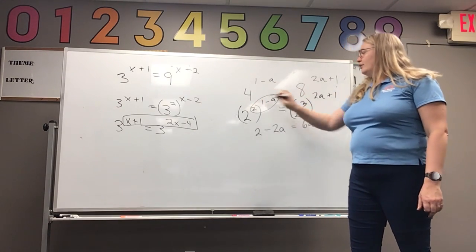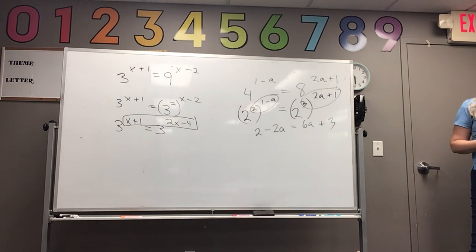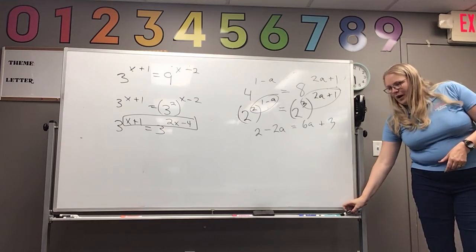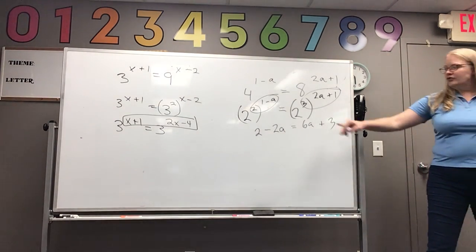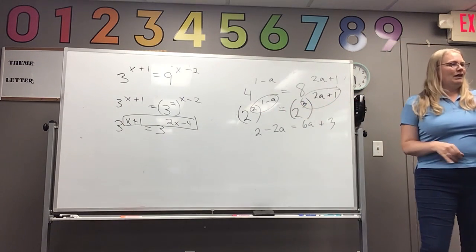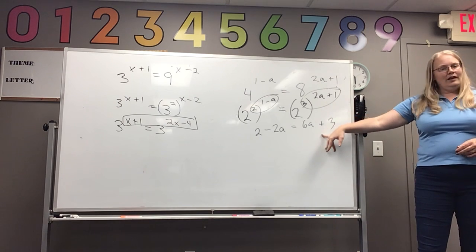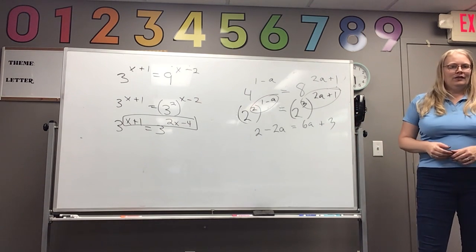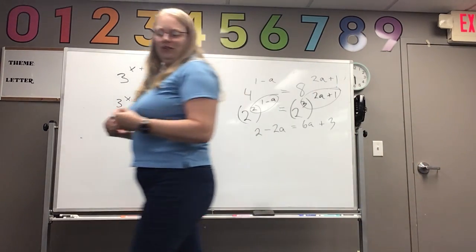Because we're just comparing those exponents there. And so when they're asking you to solve a problem where you've got variables in both of the exponents, try to get them into a common base and solve from there. Because once you get there, Algebra 1, you're great. But if you can do that change of base, it makes your life so much easier.